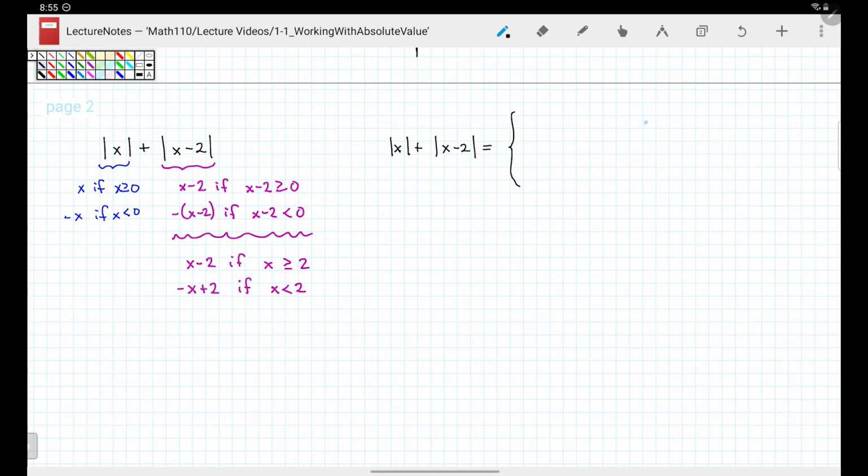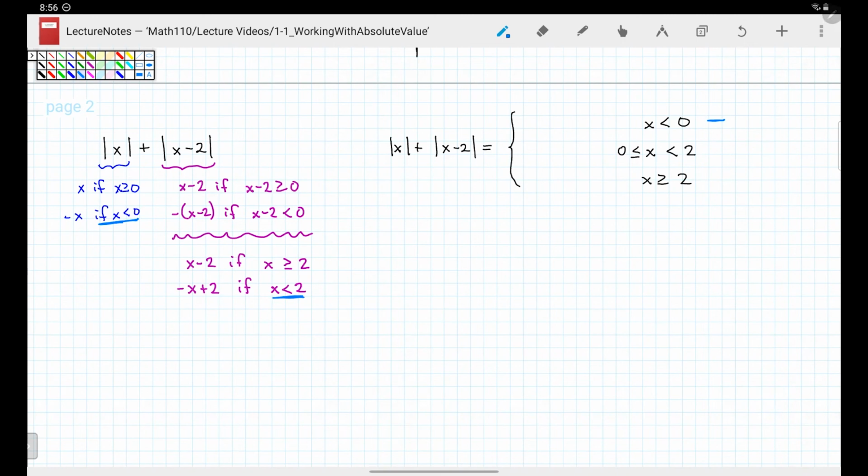One if x is less than 0, one if x is greater than or equal to 0 and less than 2, and the other one is going to be if x is greater than or equal to 2. Okay, so if x is less than 0, so let me actually color code this. If x is less than 0, then that means I'm in the less than 0 portion of the absolute value of x, and I'm also in the less than 2 portion of the absolute value of x minus 2.